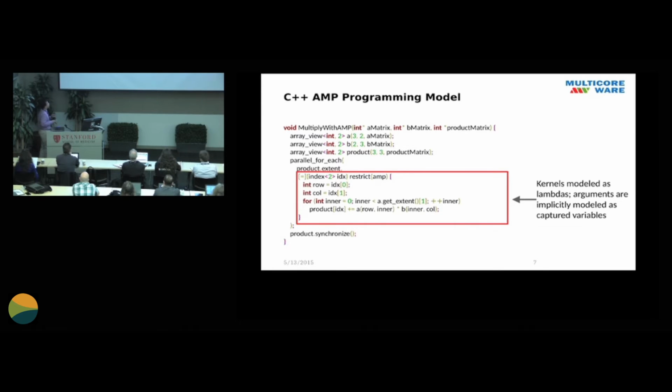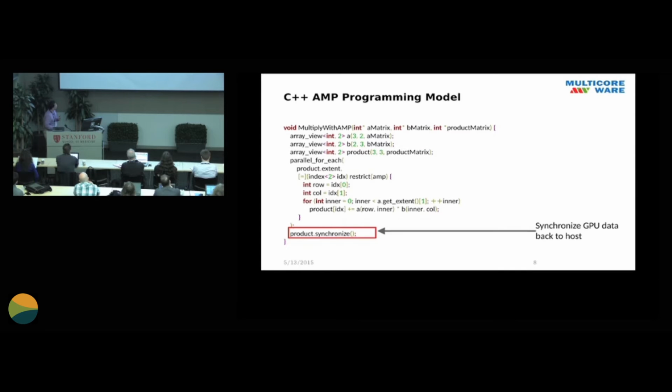But in C++ AMP, we don't need to do that anymore. These kernel arguments can be used directly within the kernel functions, so they are modeled as C++ captured variables in the lambda function. After the computation is done, we can use a synchronize method, or we can use RAII style, to make sure the data are sent back to host memory. So this is a very simple example of C++ AMP.